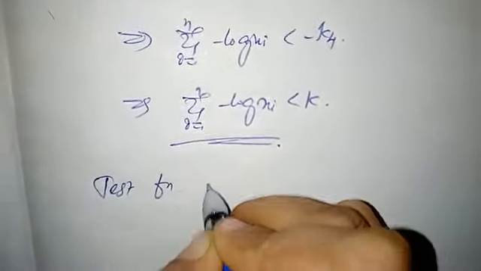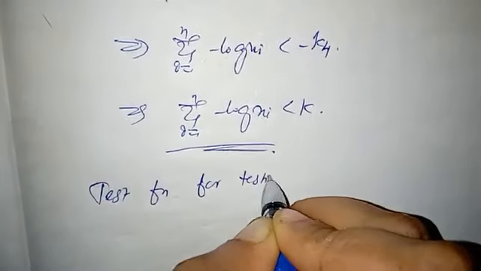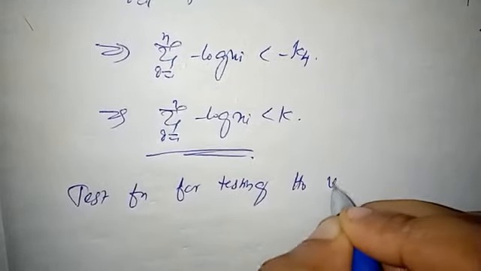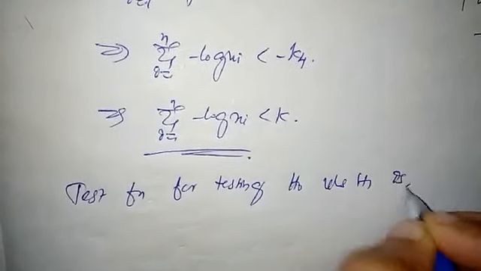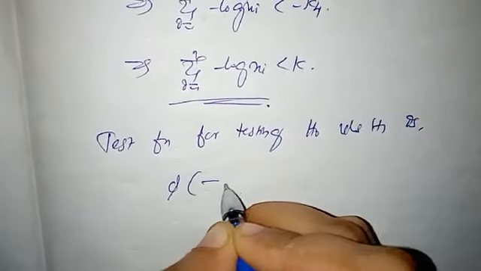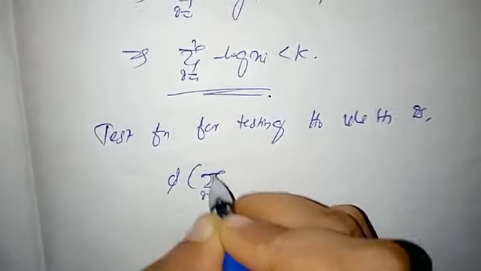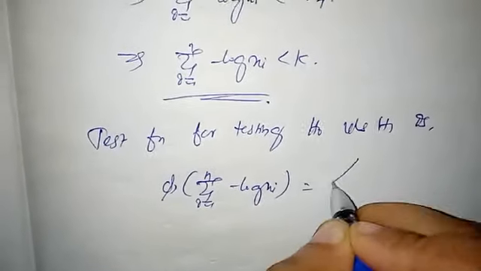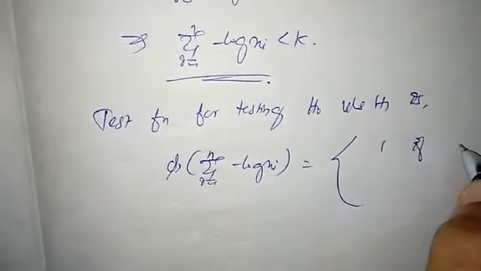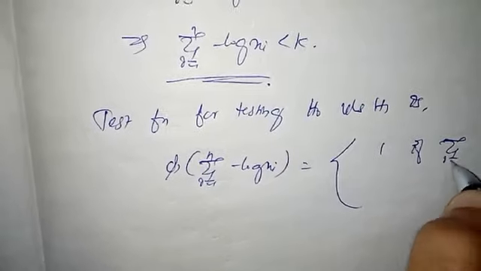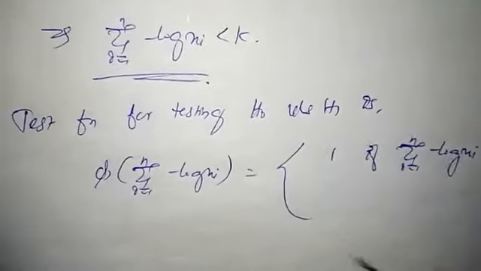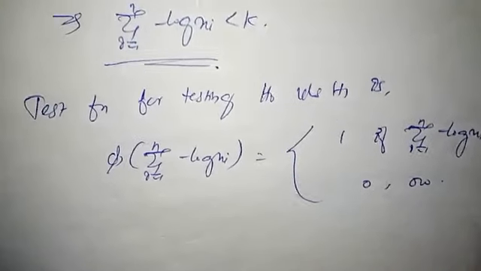Then the test function for testing H0 versus H1 is phi of summation i = 1 to n of minus log xi equal to 1 if summation of minus log xi is less than k, and 0 otherwise.